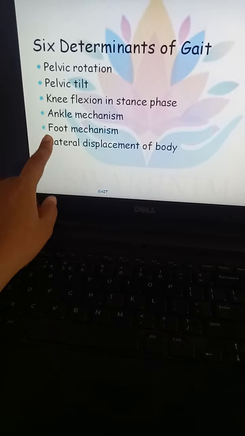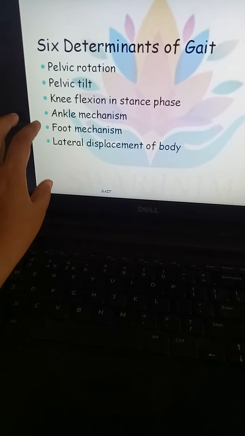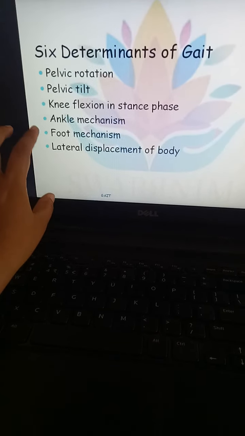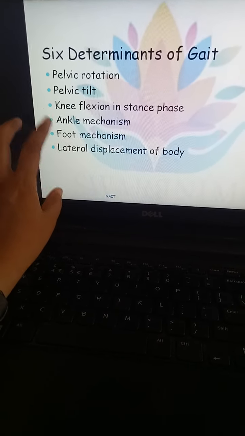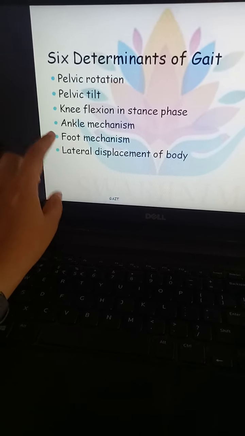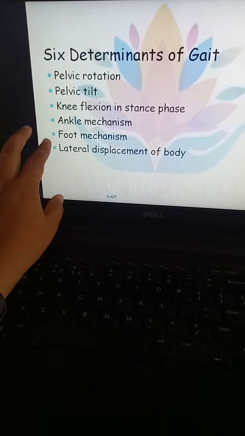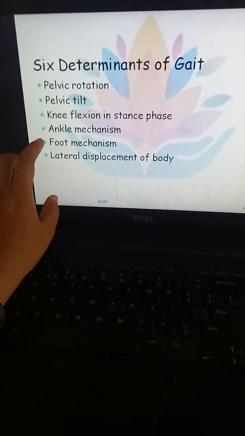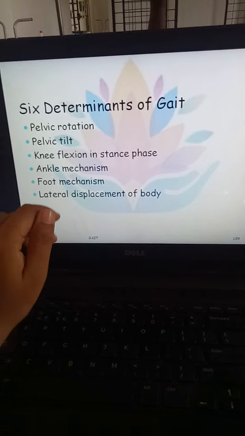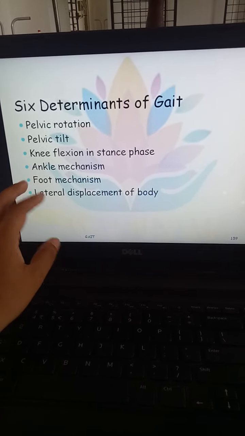First is pelvic rotation, meaning pelvic movement: how the patient or person rotates the pelvis. Second is pelvic tilt. We have to check for hip hiking, whether the pelvis is going down or going up.